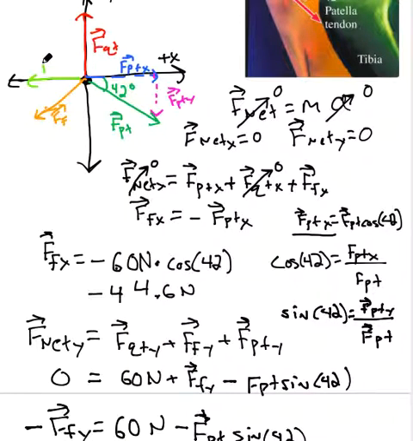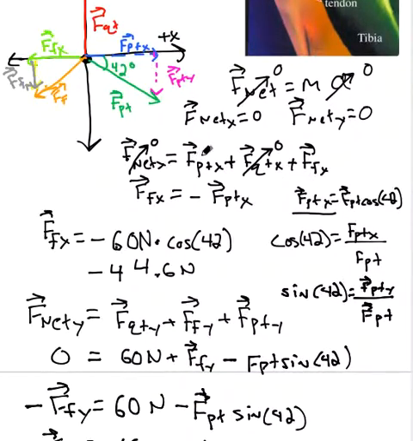Okay, so now it looks like we have F femur x, and we have F femur y, but we still don't know what F femur is.